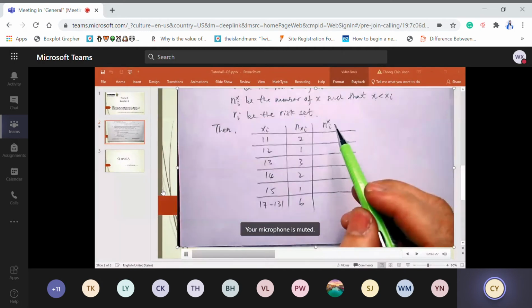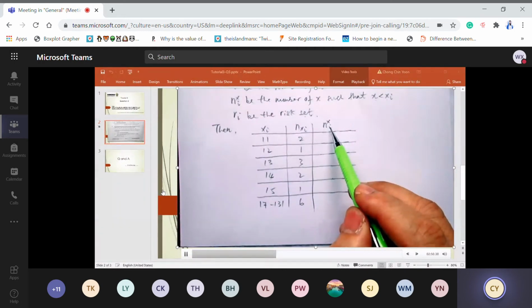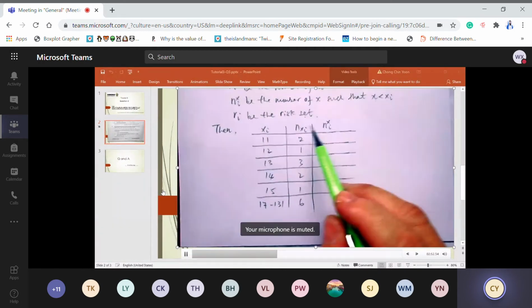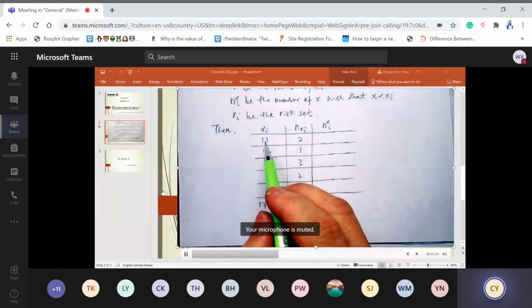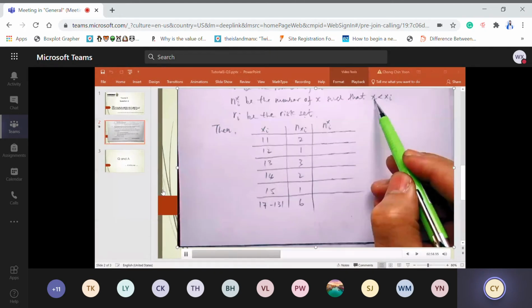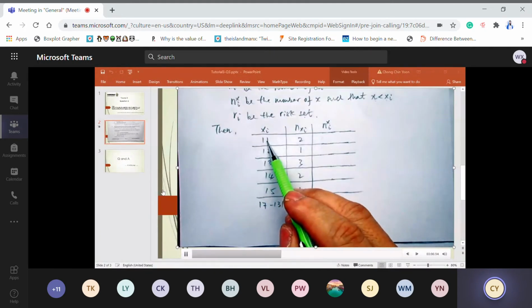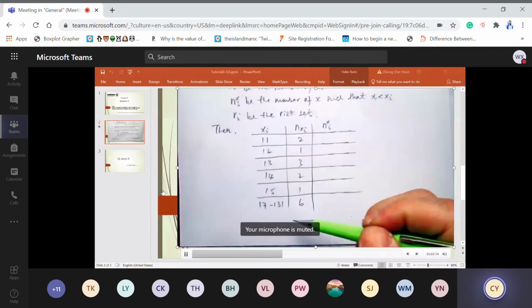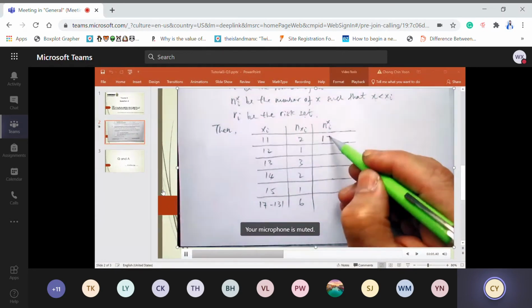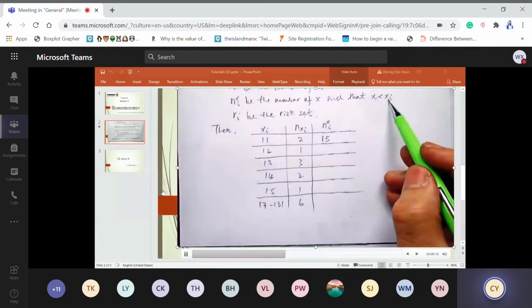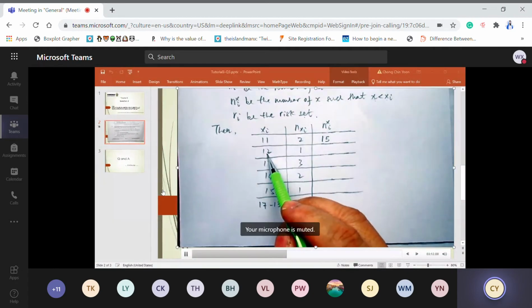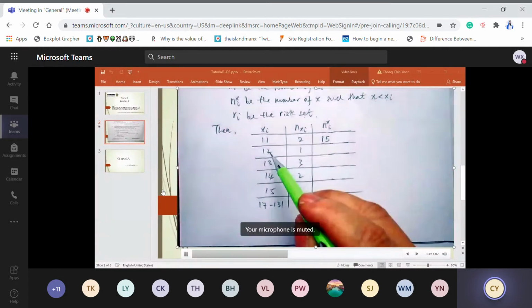And now we try to calculate the conditional frequency for the Xi. If we choose our X1 as 11, how many X are less than 11? Altogether we have 15. And if we choose X2 as 12, how many X values are strictly less than 12?